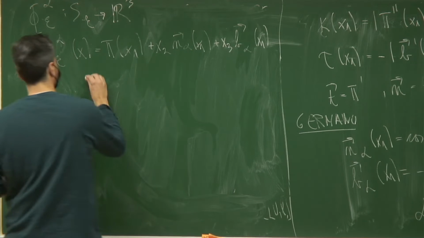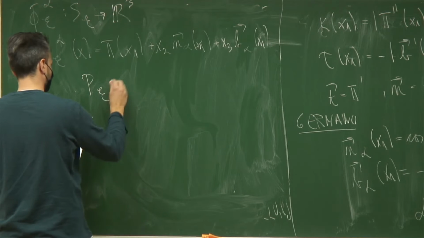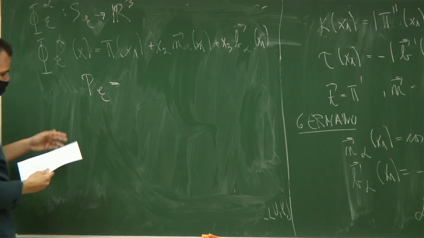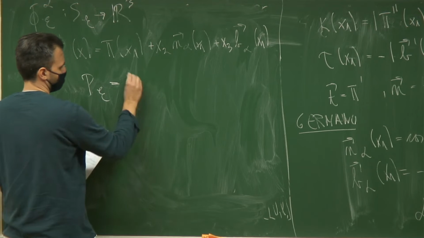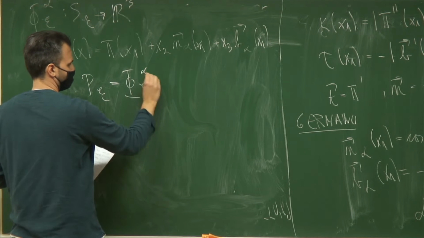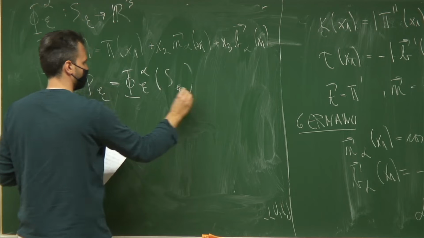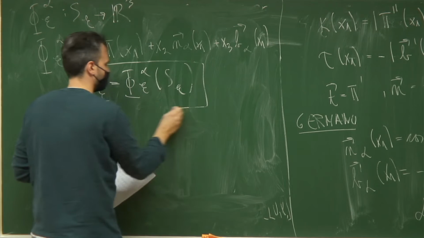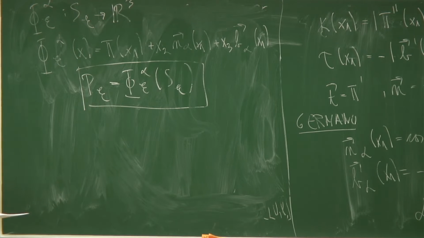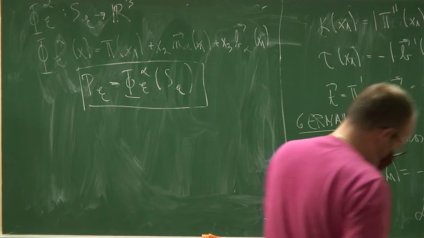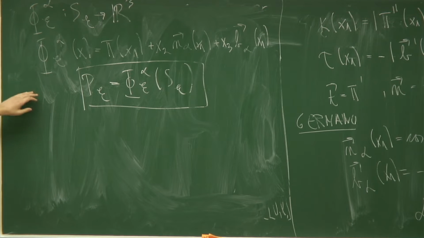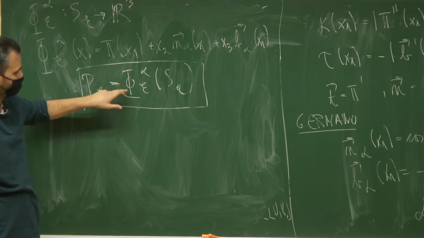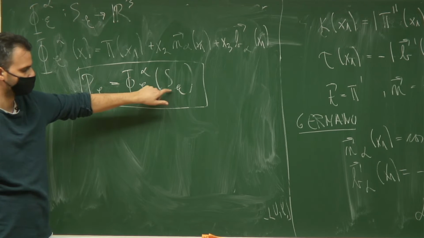And of course, your domain will be obtained as before. So here you have this P epsilon, a thin curved pipe obtained via this phi alpha from the thin straight pipe.